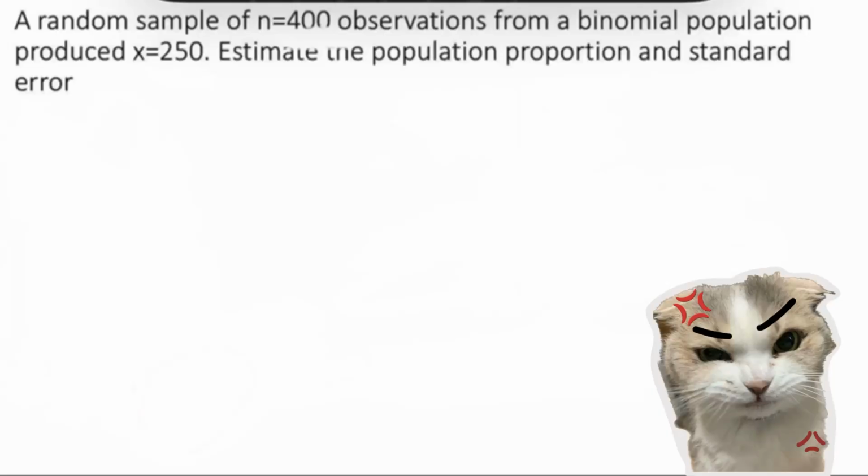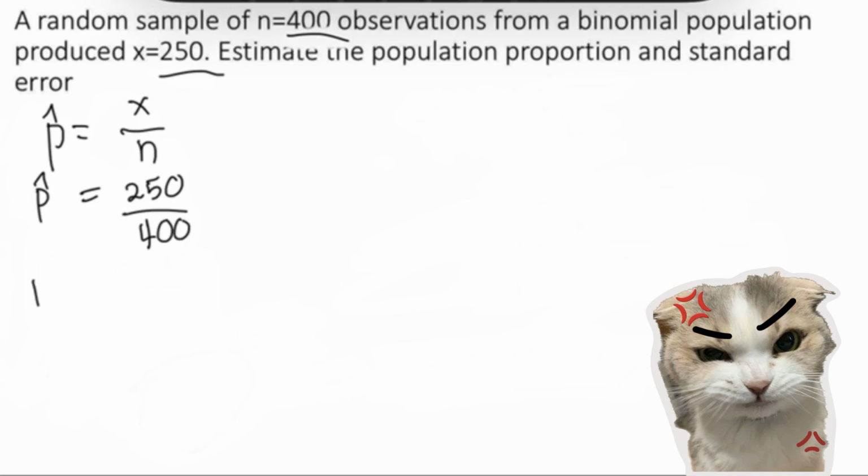Then here, a random sample of 400 observations from a binomial population produced 250. Estimate the population proportion and standard error. The sample proportion is calculated as the number of successes divided by the total number of observations. So 250 divided by 400. Therefore, the estimate of the population proportion is 0.625. The standard error of the sample proportion is calculated using the formula.